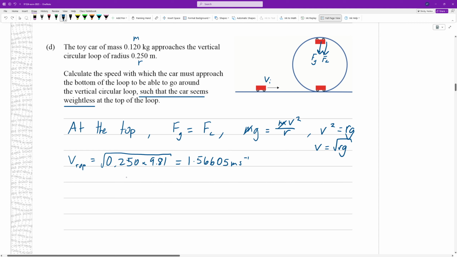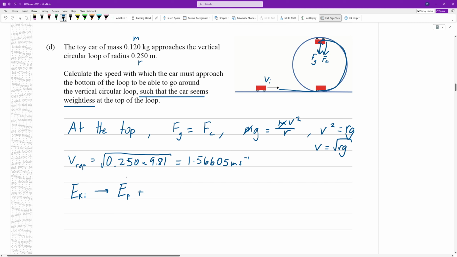Now, let's have a think. What energy does it start with when it's at the ground level with some velocity? Well, it starts with kinetic energy, EK initial. And what does that go into? Well, it's gained height, right? So it has gained potential energy. However, at the top, it still needs to have some velocity.